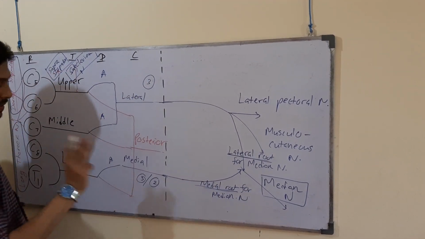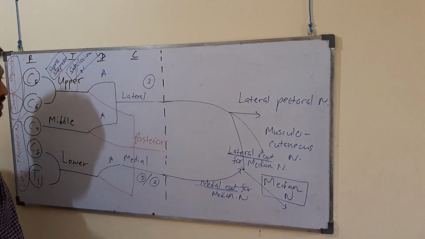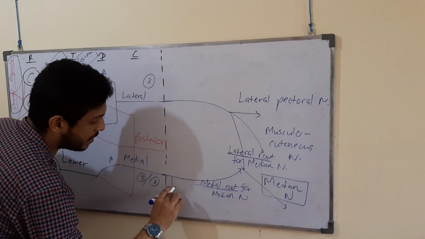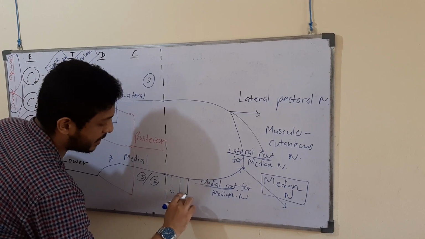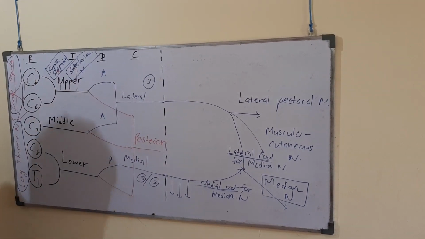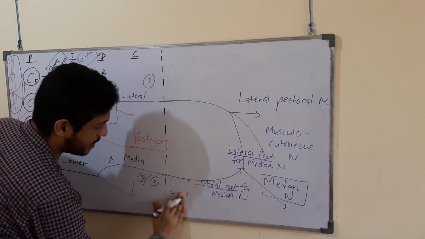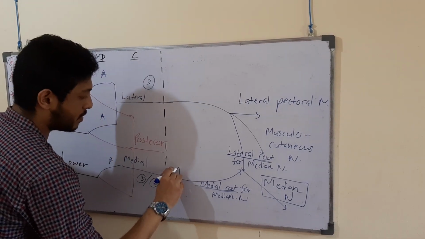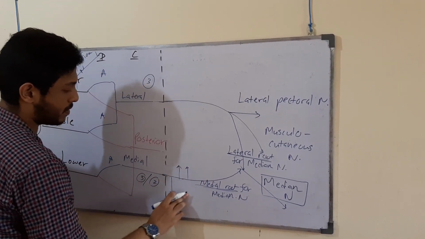And there are other three branches of the medial cord which we should remember mainly, right? I'll write them like this, right?